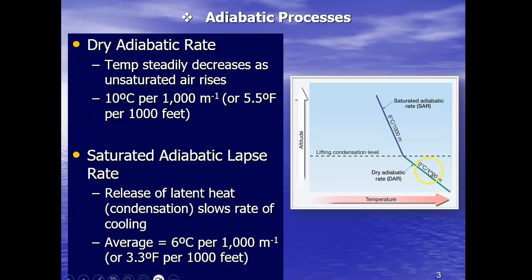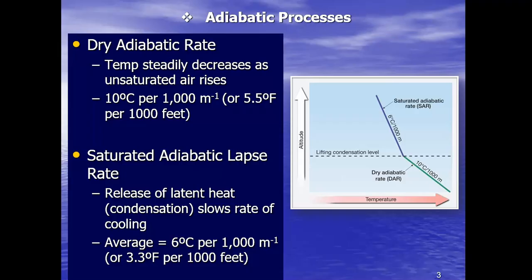Then you have the saturated adiabatic rate, where the rate of cooling is going to slow because of condensation and that release of latent heat. So you still have cooling occurring as the air continues to rise, but the cooling slows, and the rate can depend on a number of factors.